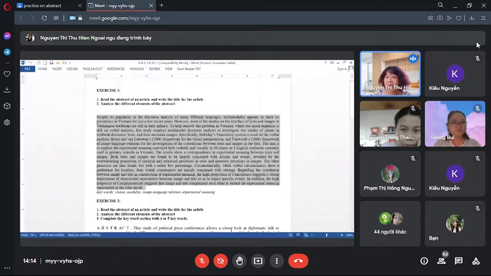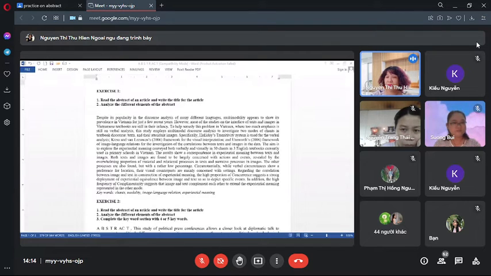Of course, as I told you, we have only 3 compulsory elements. First, the aim. Second, the methodology, and third, the findings. So we just have 3 main elements that are obligatory, and the others are optional.